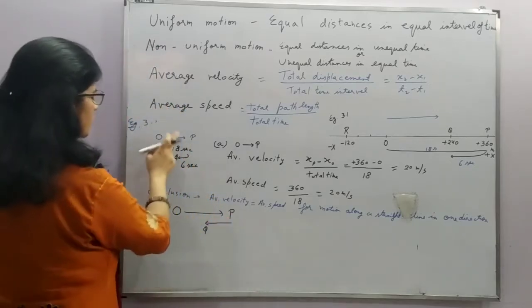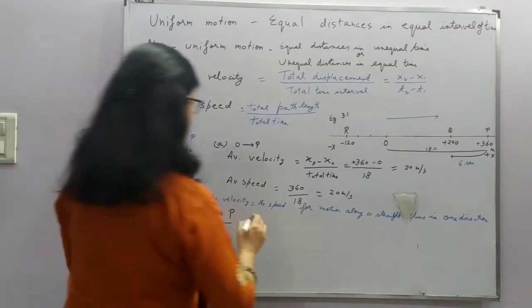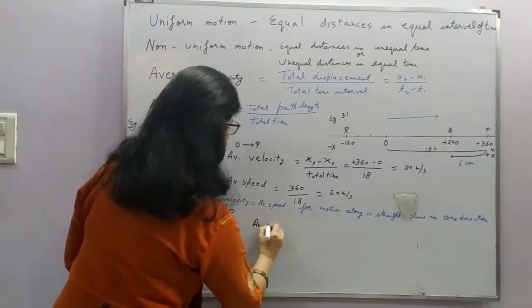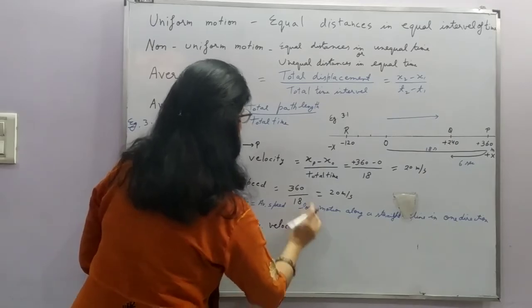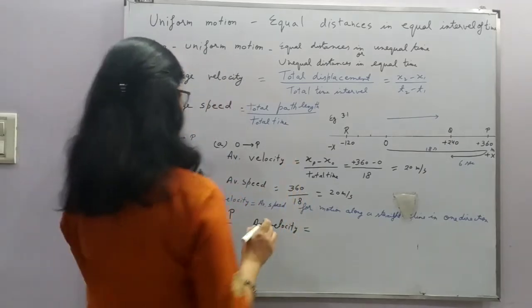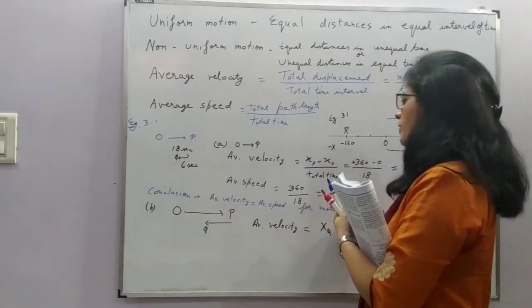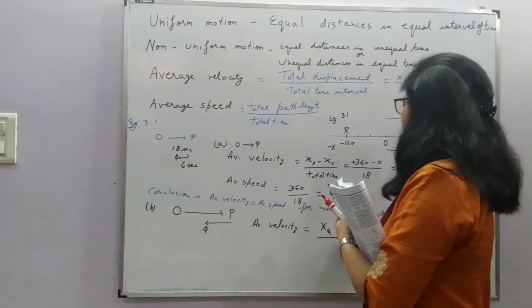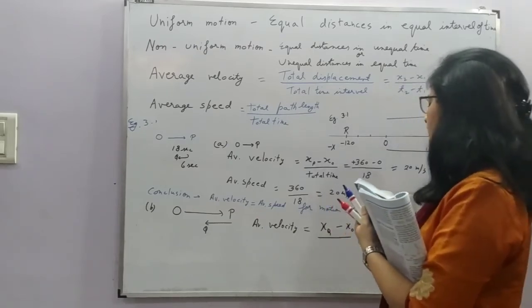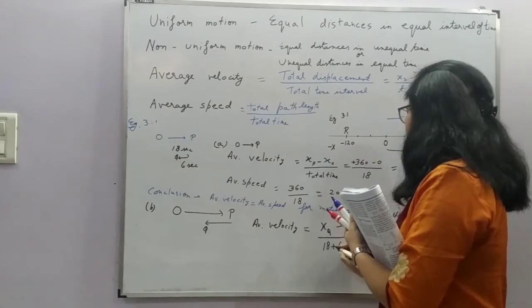So we know this was given in the question for O to P and P to Q. When we are calculating the average velocity, how will we write the total displacement? Final position minus initial position, and the total time. Total time is 18 plus 6 seconds.